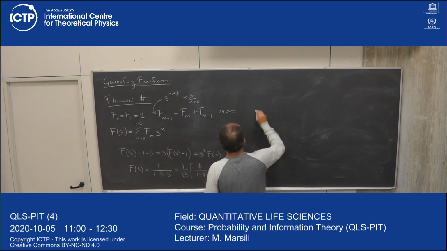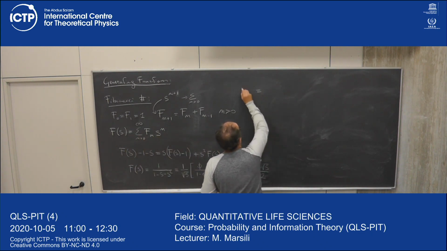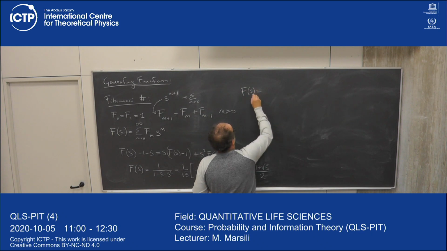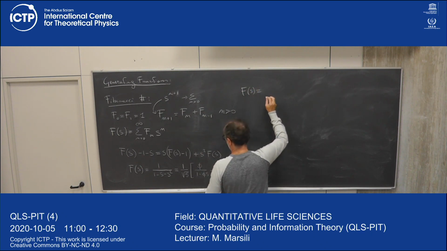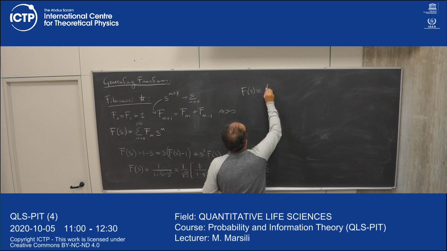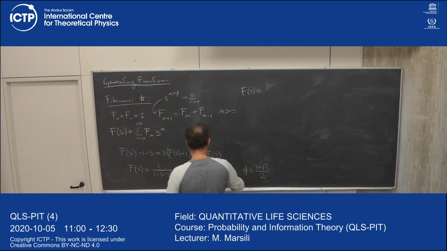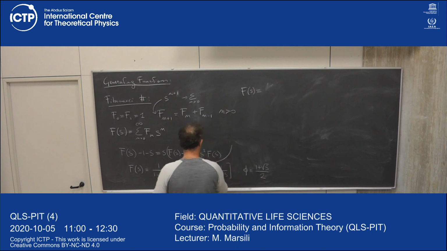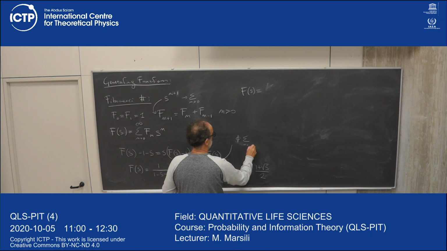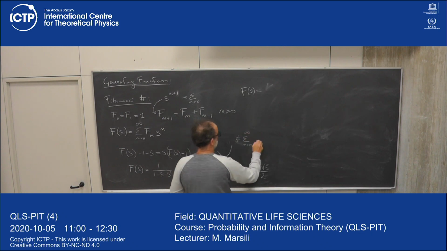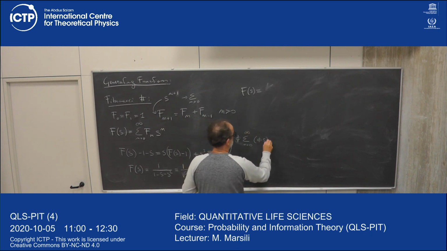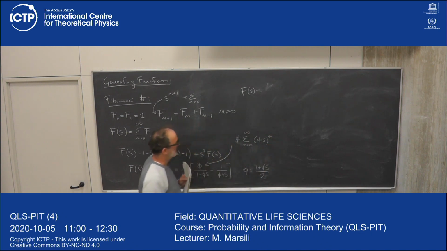Okay? So essentially, from this you can get that f of s is equal to this. So, say for example, this one is just phi times the sum for n from 0 to infinity of phi times s to the power n.